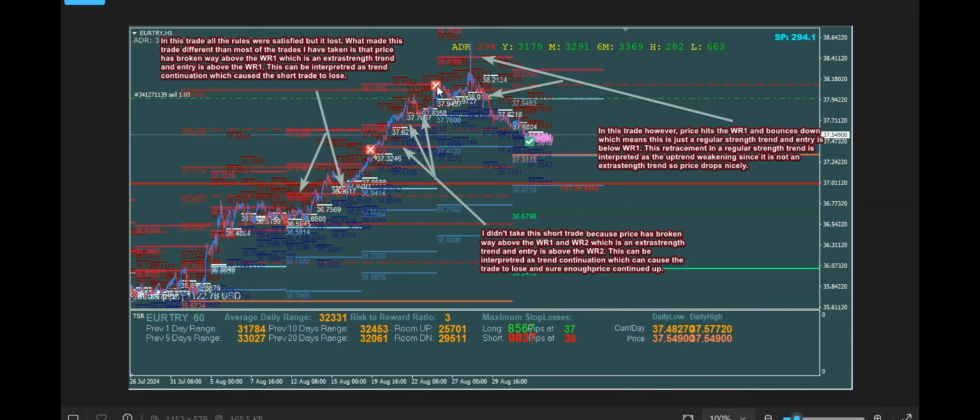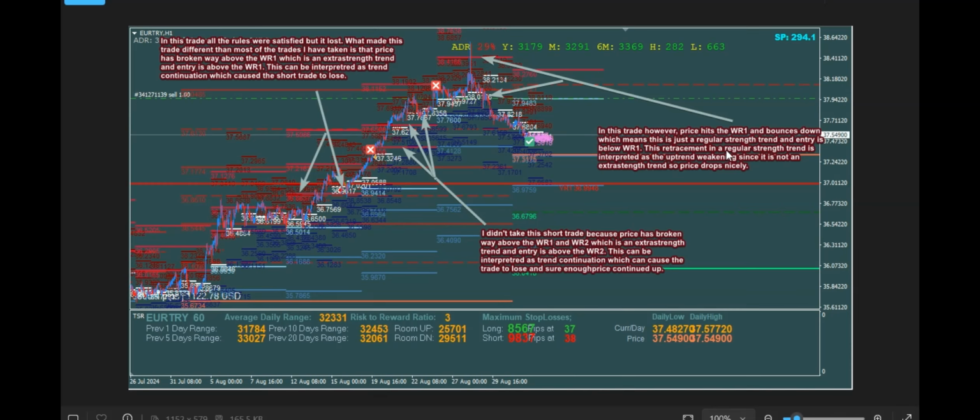So you can see here, that would have been another trade loss. In this trade, however, price hits the weekly R1 right here, and bounces down, which means this is just a regular strength trend, and entry is below the weekly R1.